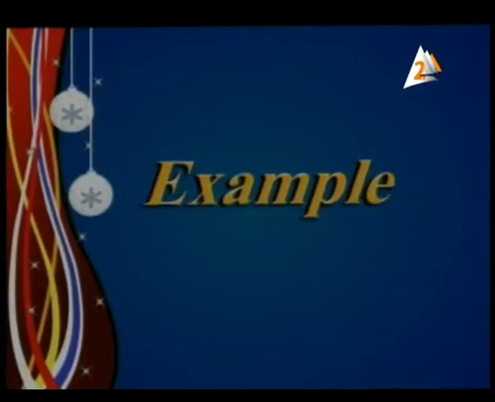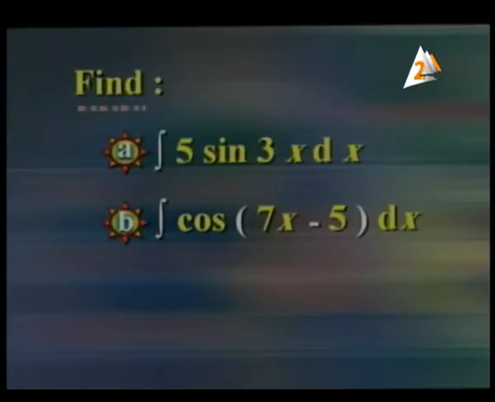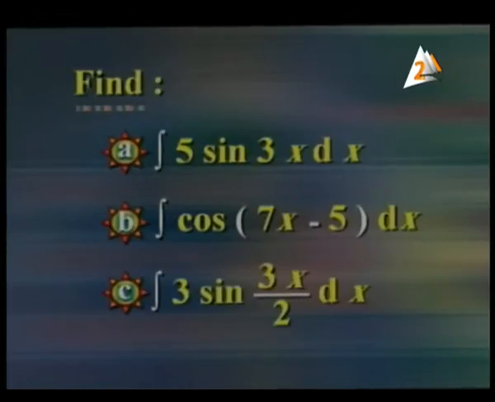Dear student, look at the important example. Find integration 5 sine 3x dx. Number B, integration of cosine bracket 7x minus 5 dx. Number C, integration of 3 sine 3x over 2 dx.